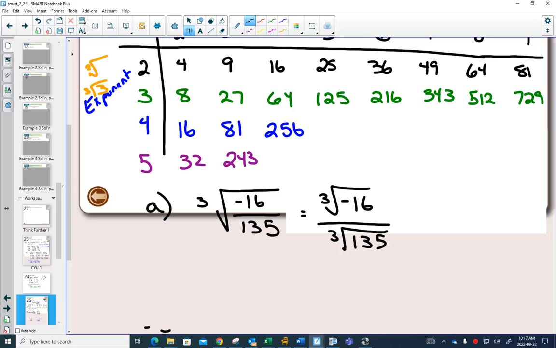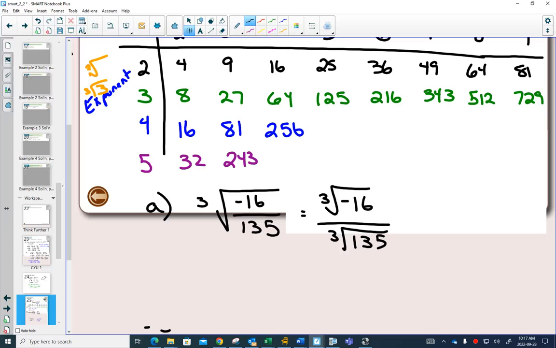And now that we're doing cube roots, we're going to look at the green line in our powers chart. Is there a number in the green line that divides 16? And I guess if you work from big down, you've only got one option. The only possible one that you'd have to check is 8. Does 16 divide by 8?